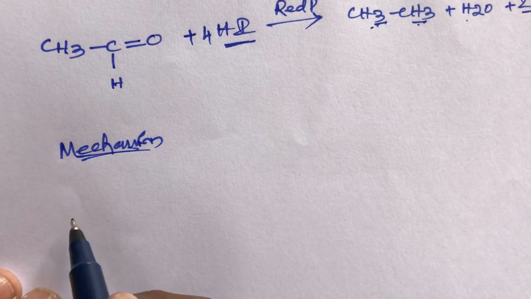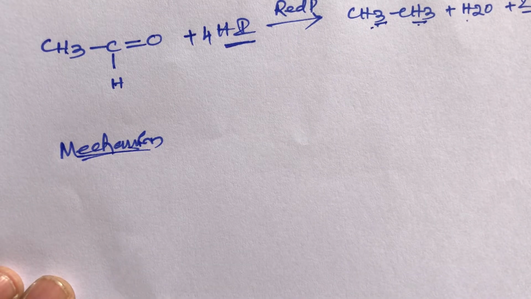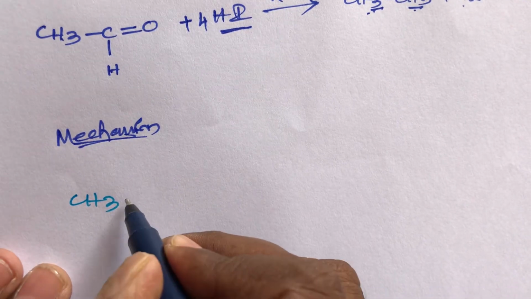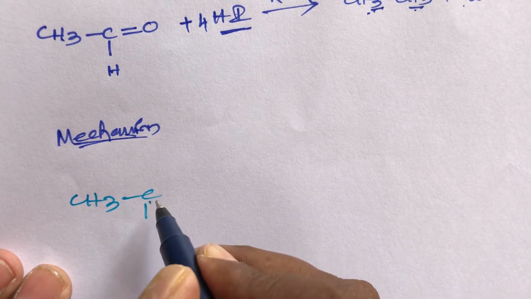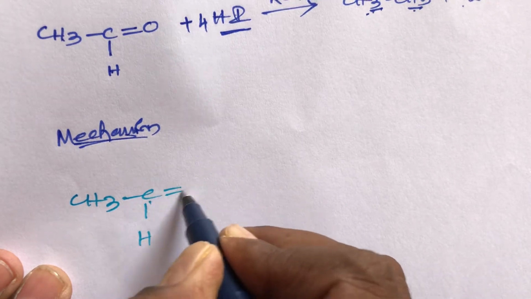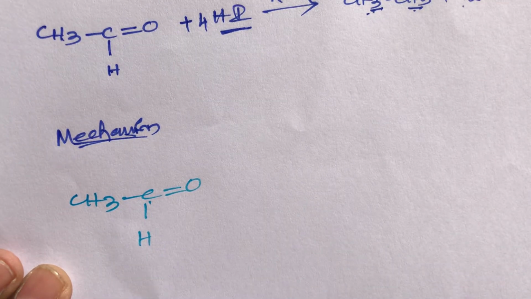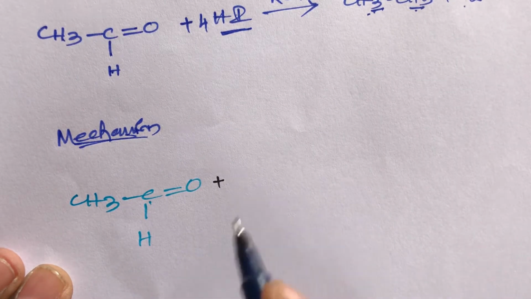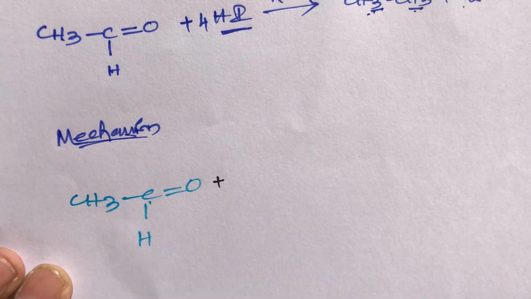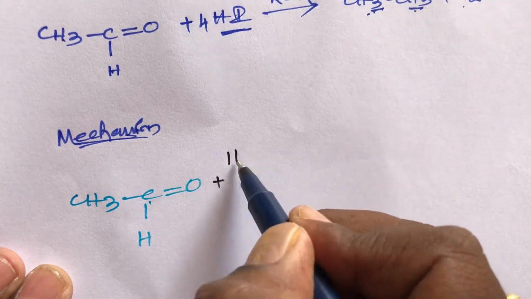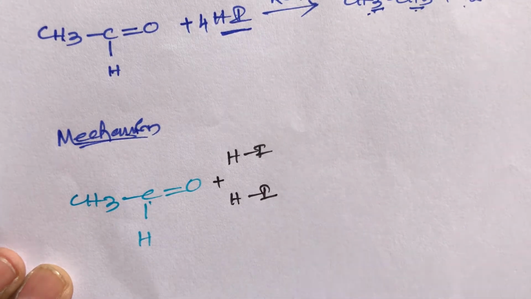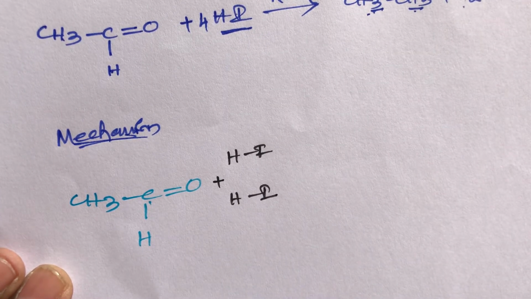Now take the example CH3 C double bond O H, the aldehyde, plus 2 moles of hydrogen iodide are involved in the first step.